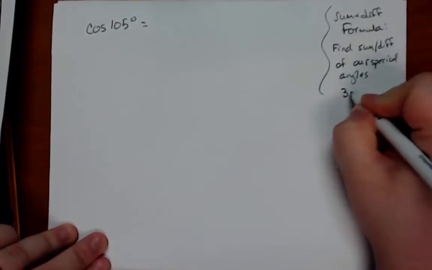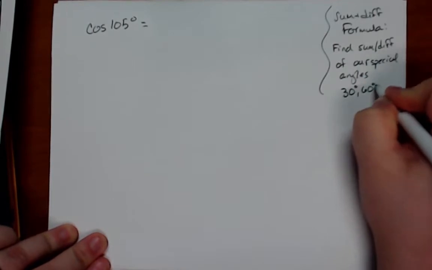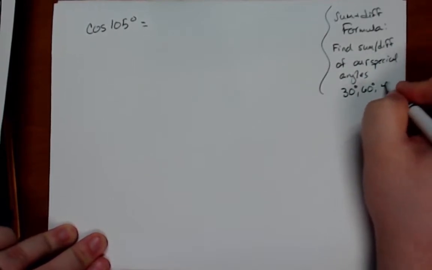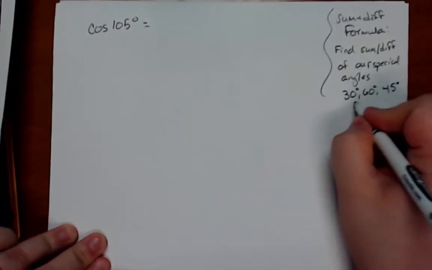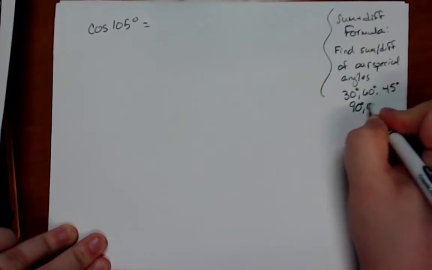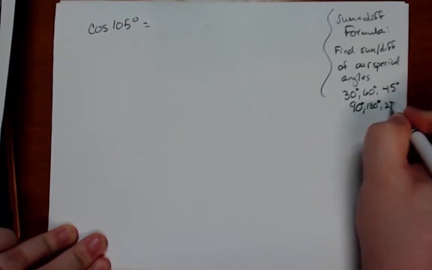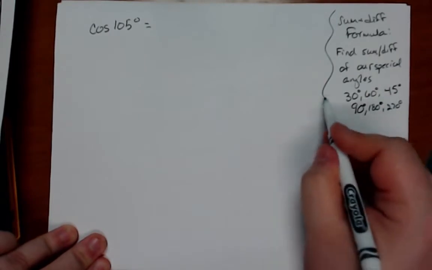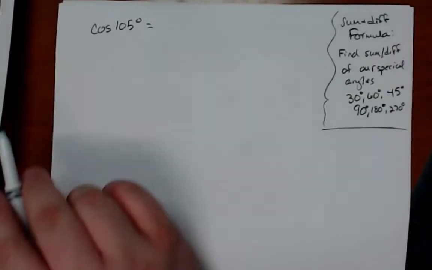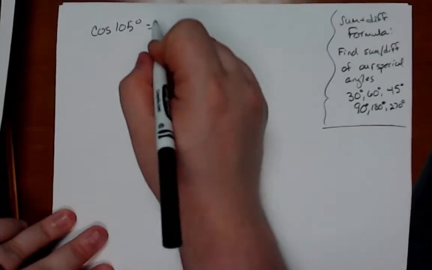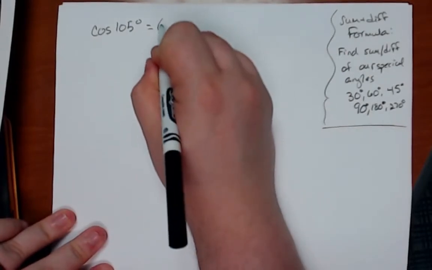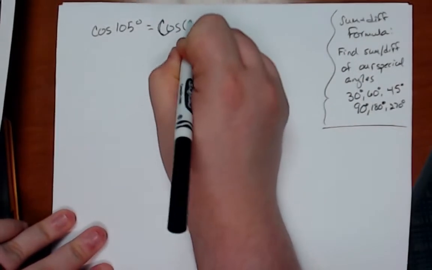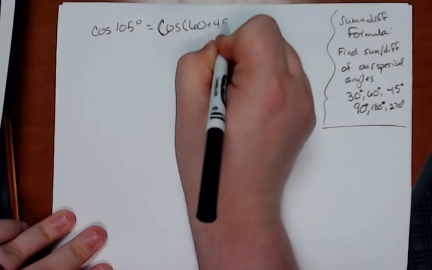And those are our 30, 60, and our 45. We also know our multiples of 90, 180, 270, and all of those. So cosine of 105 we can write as cosine of 60 plus 45.